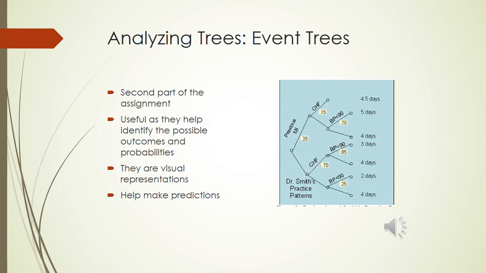Continuing on to the second part of the assignment, we're going to be analyzing trees, specifically event trees. This is very useful in cases where we don't need to identify all possible outcomes and probabilities. They're a very visual representation of what can occur, and they can help us make predictions.